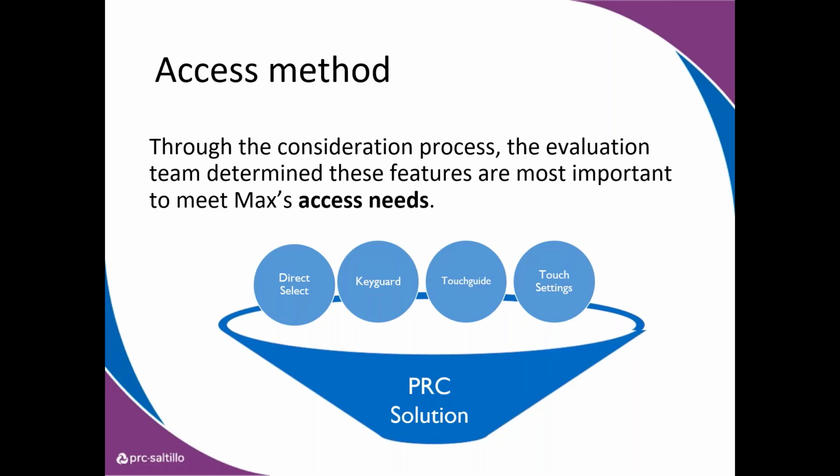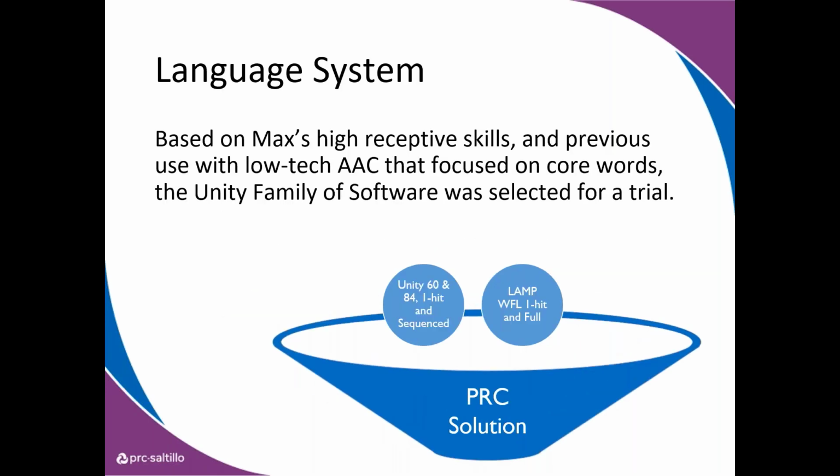We listed touch settings here because in thinking about him working on his accuracy with touch, there might be some settings on the device that could help support that as well. So all three choices here: direct select, key guard, touch guide, and then those touch settings. We're going to move forward onto the language system.